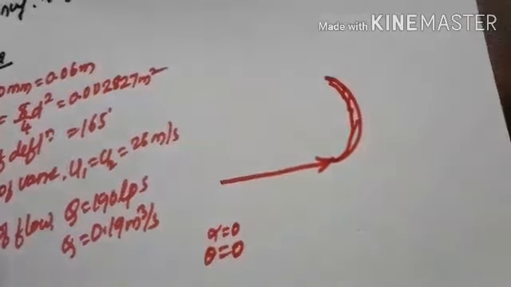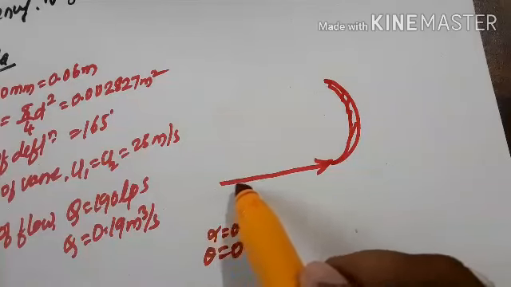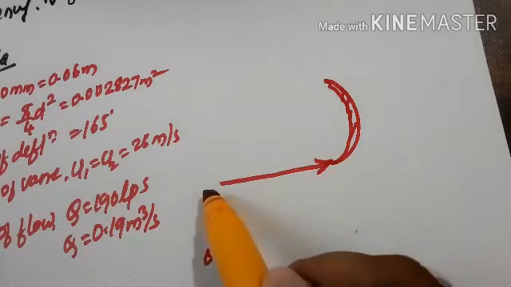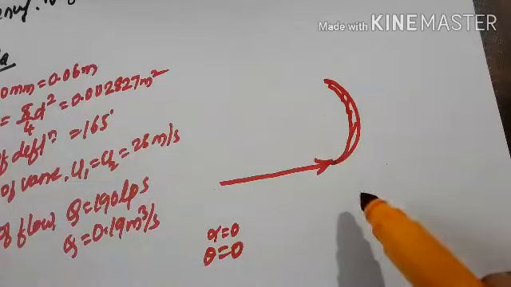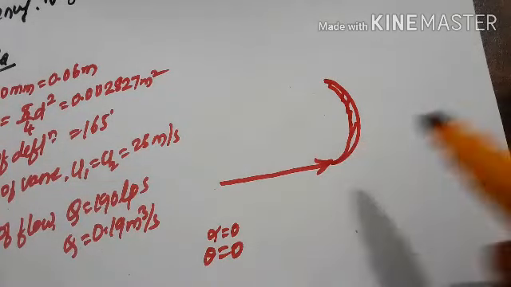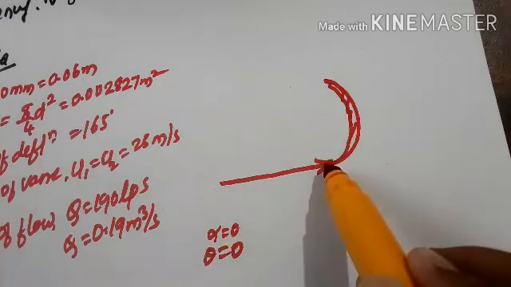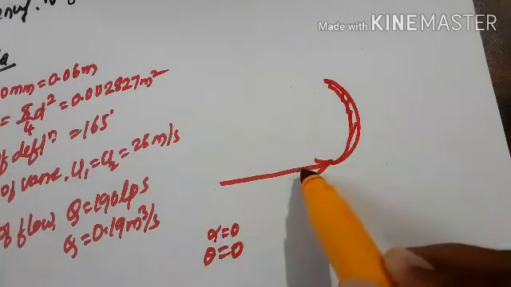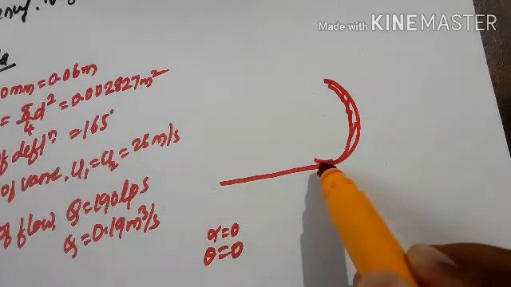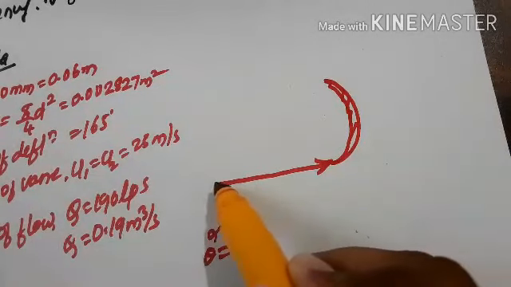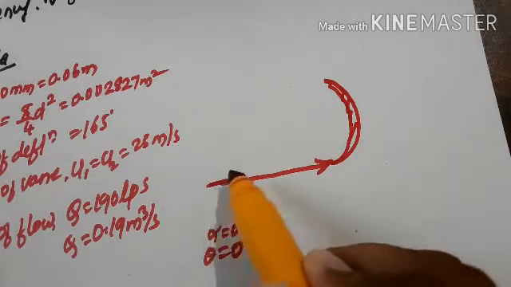Both are 0 here. So the velocity triangle will become a straight line. Since it is not mentioned at what angle the jet is entering, you have to take the velocity triangle at inlet of this particular problem as a straight line. Now you can mark on this straight line only.